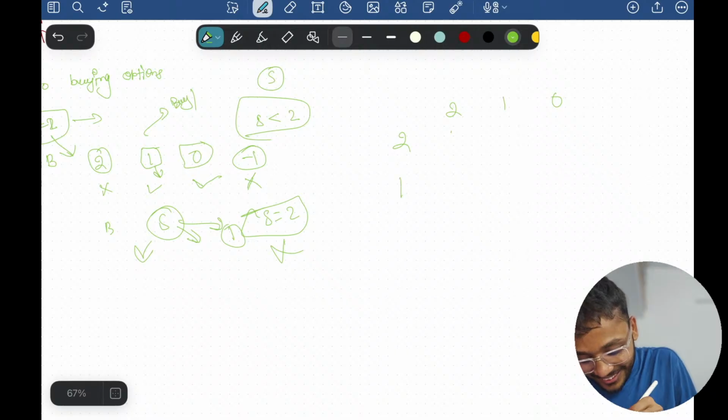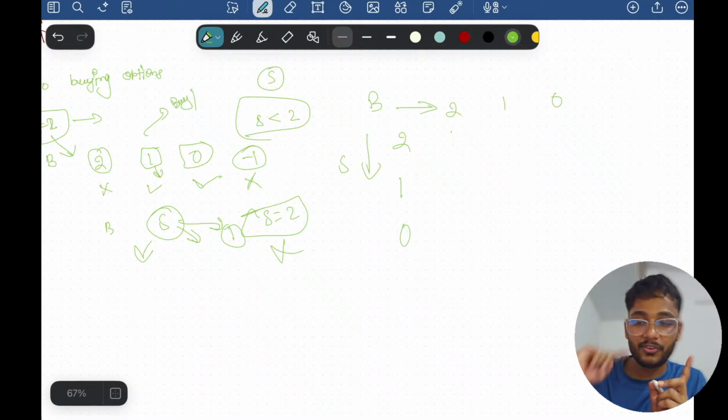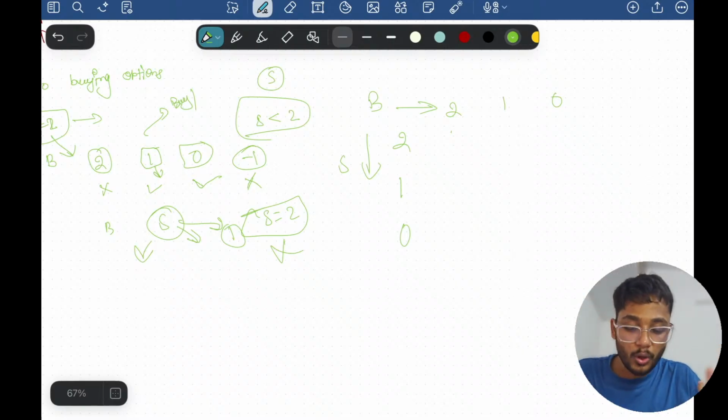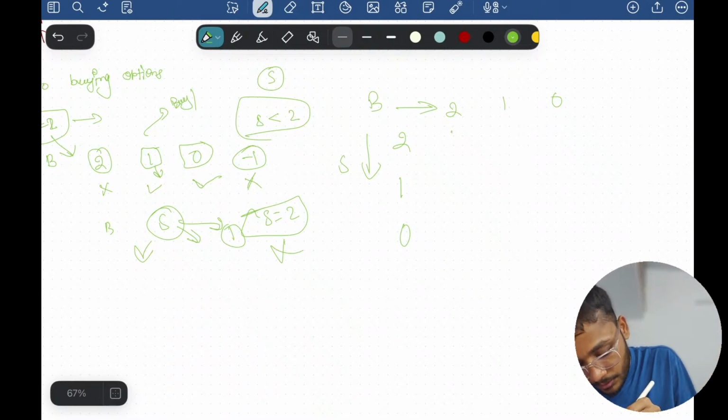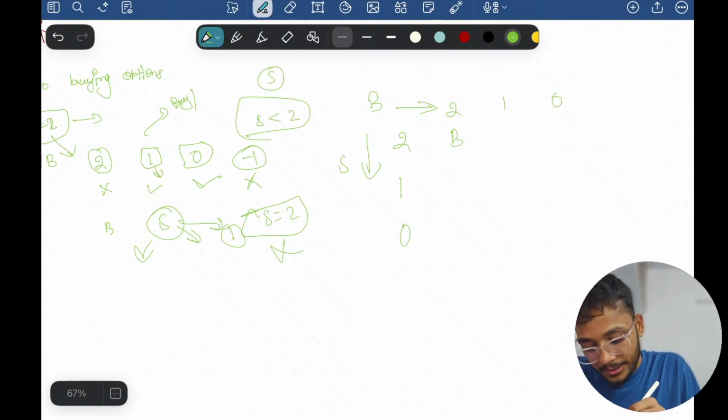2 1 0. This will be the condition. It is representing buy, and it is representing sell. Now you can say if buy is 2, sell is 2. Definitely buy is 2, because you haven't bought anything, so you can buy only. When buy is 1 and sell is 2, then you cannot buy, you can only sell.